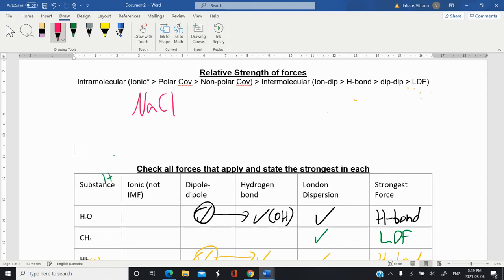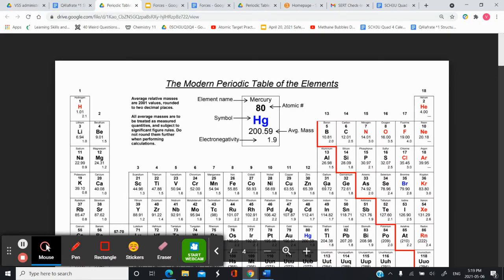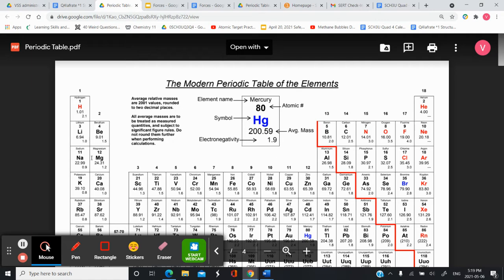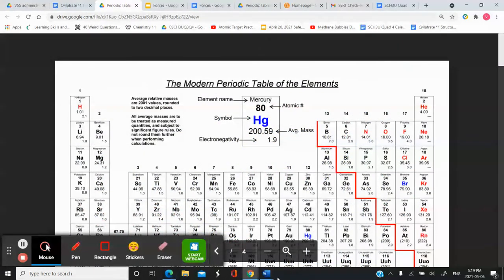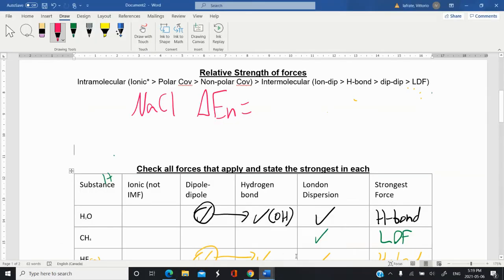If we did the electronegativity difference between Na and Cl, you would see that just like as you would predict, because there's a metal and non-metal, that's ionic. You have 3.0 and 0.9. So when you do 3.0 minus 0.9, you get 2.1, and that's larger than 1.7, so we have an ionic substance.